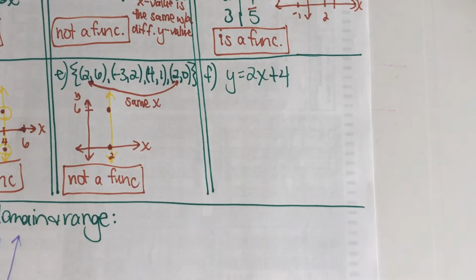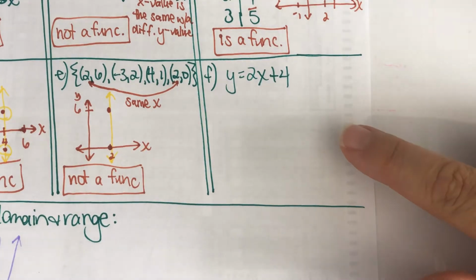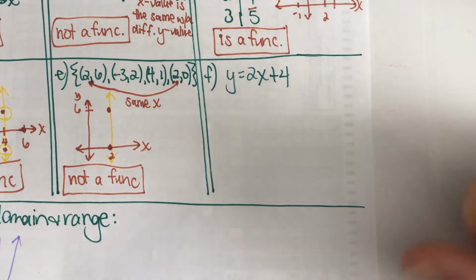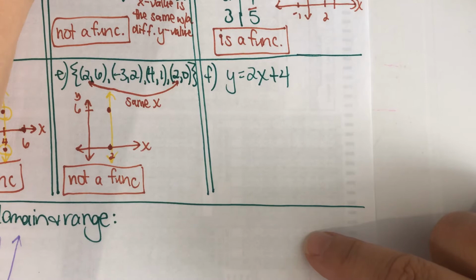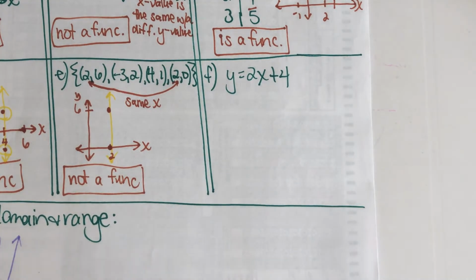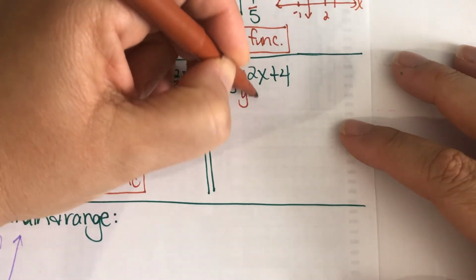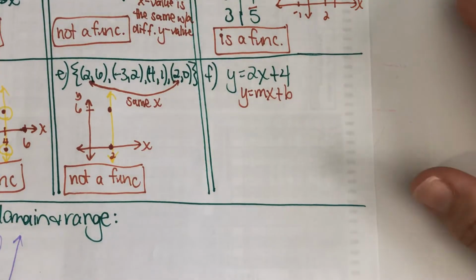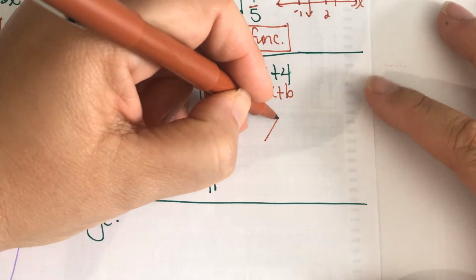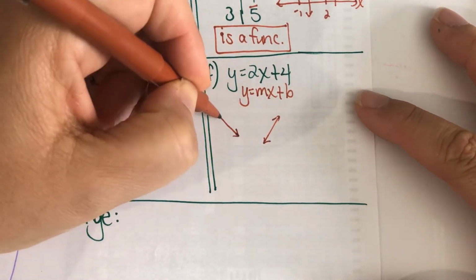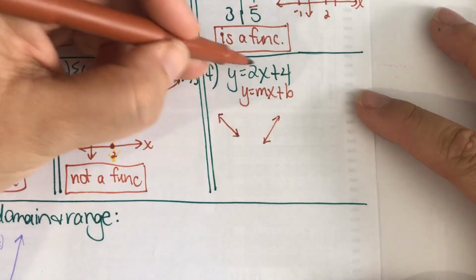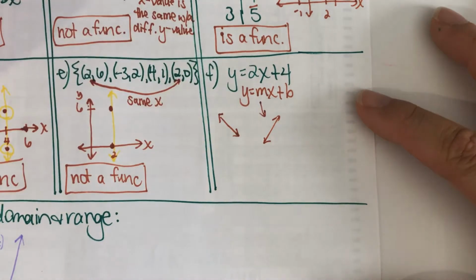All right, so what is this graph gonna look like? Okay, hopefully you said a line. It's going to be like that. Lines that have a slope and a y-intercept are going to look like this, right? This one in particular has a positive slope, so it's going to look like that.